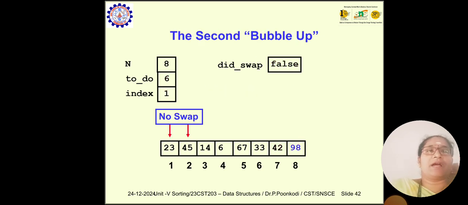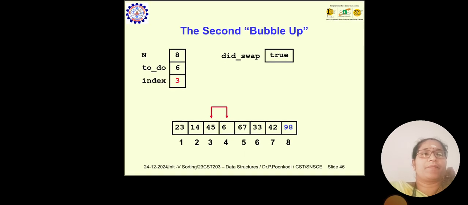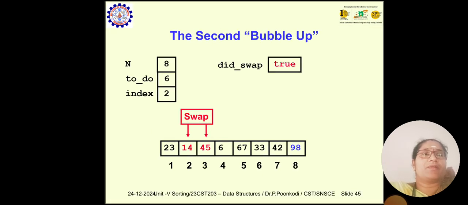Like that we have to do. Whenever we do a swap, the flag is set to true. If there is no need to swap, it is set to false. Now you can check. We are going to perform the swapping, so it is set to true.